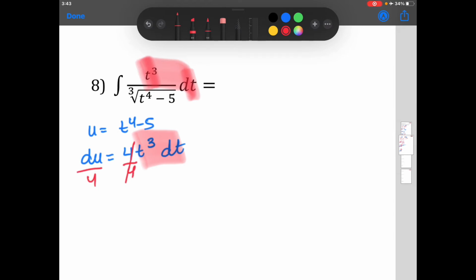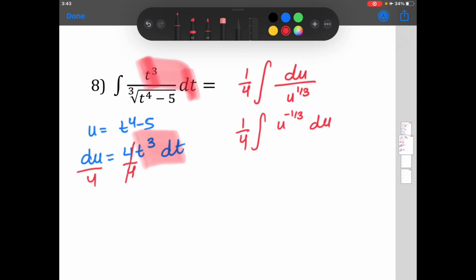And I'm left with, so let's substitute in the integral. I'm going to pull out the 1/4. The integral t cubed dt will be replaced by du. And cube root, or I can write u to the 1/3 power. So I'm going to rewrite this before I take the integral. It will be u to the negative 1/3 du.